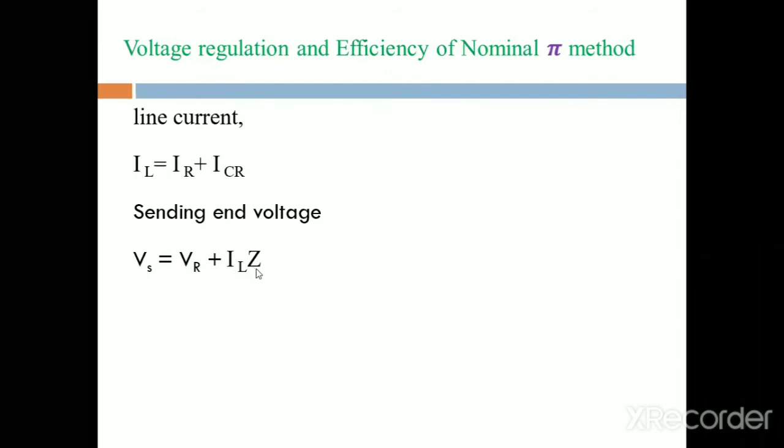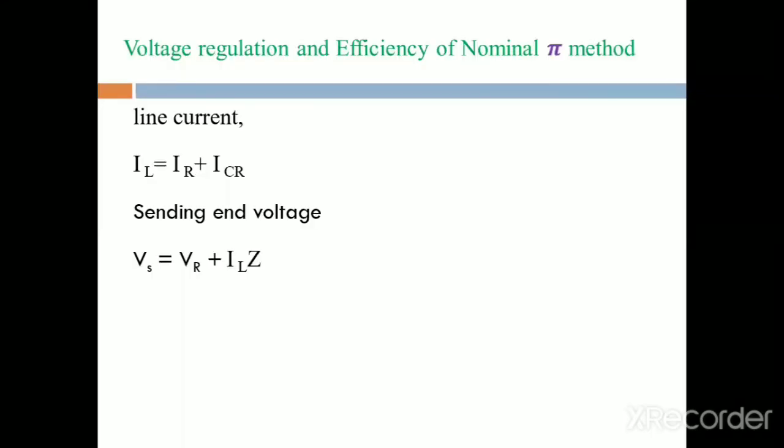While observing the equivalent circuit diagram or phasor diagram, we write down the equation for the sending end voltage. Therefore Vs is equal to Vr plus ILZ.